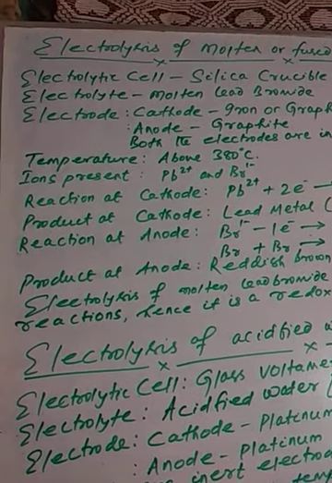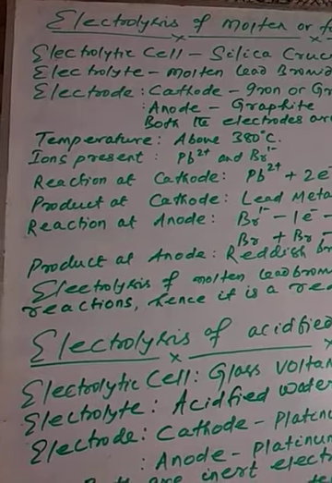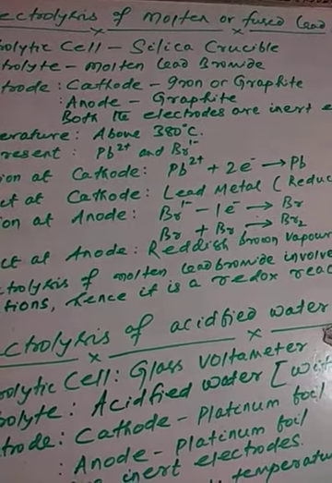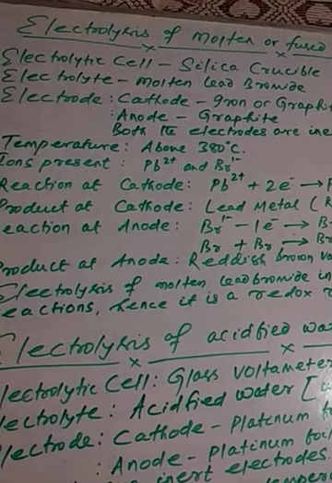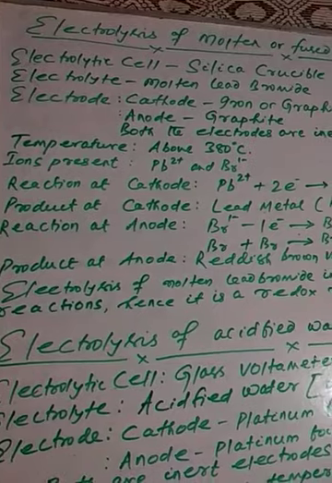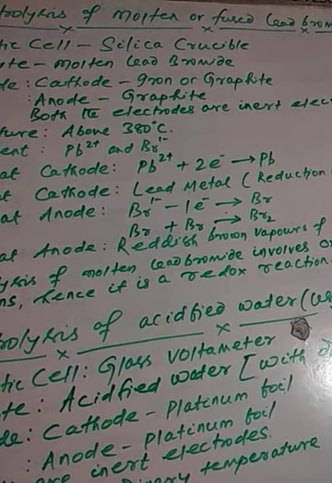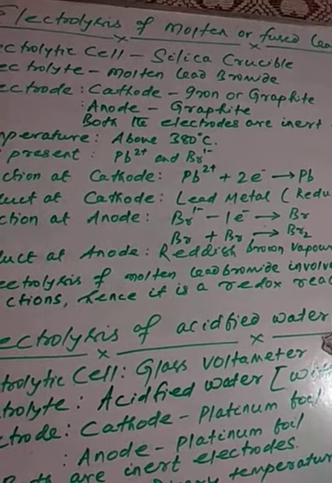The ions present in the electrolyte are lead ions and bromide ions. The reaction at the cathode is Pb2+ plus 2 electrons gives Pb, and the product at the cathode is spongy lead metal, formed due to the reduction reaction taking place at the cathode.